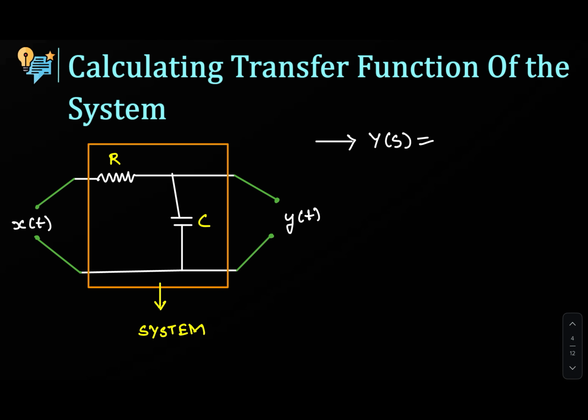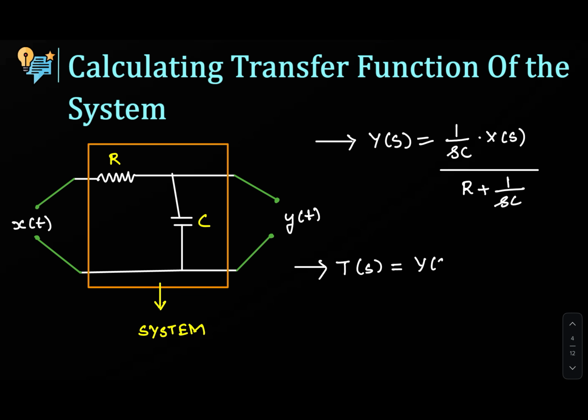Output is 1 by sc into x of s by r plus 1 by sc. So this is my output. We are finding the transfer function, so we will represent it as T of s is equal to y of s by x of s. So my y of s is this one, 1 by sc into x of s by r plus 1 by sc.